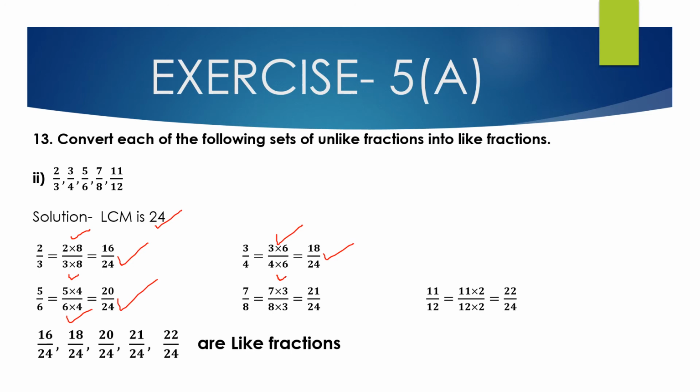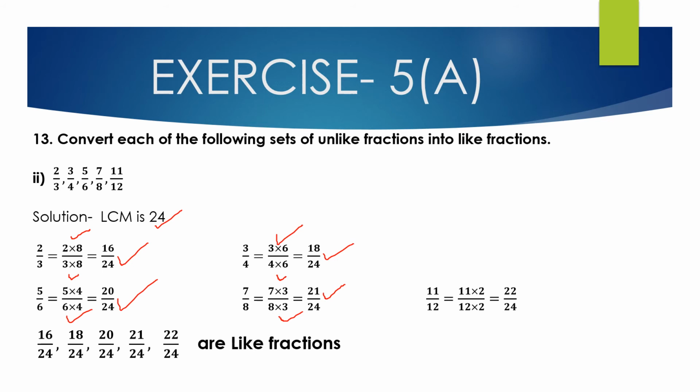So multiply 3 with the numerator 7 and with the denominator 8. So 7 multiplied with 3 is 21 and 8 multiplied with 3 is 24. So we get 21 divided by 24, and 21 divided by 24 is the equivalent fraction of 7 divided by 8.